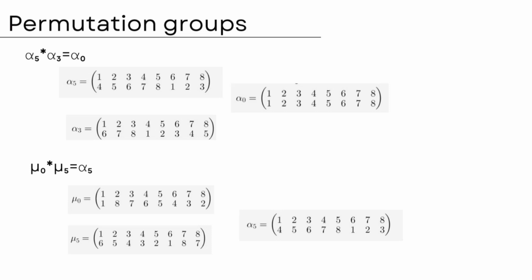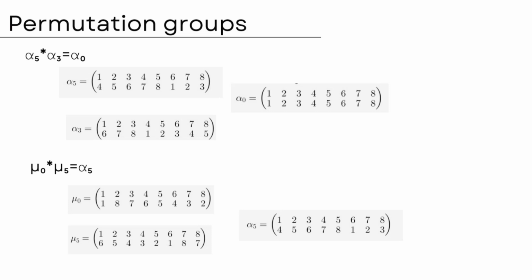So for mu sub 0 star mu sub 5, let's check if it is alpha sub 5. So 1 is to 6 and 6 is to 4, then 1, 4. 2 is to 5 and 5 is to 5, then 2, 5.